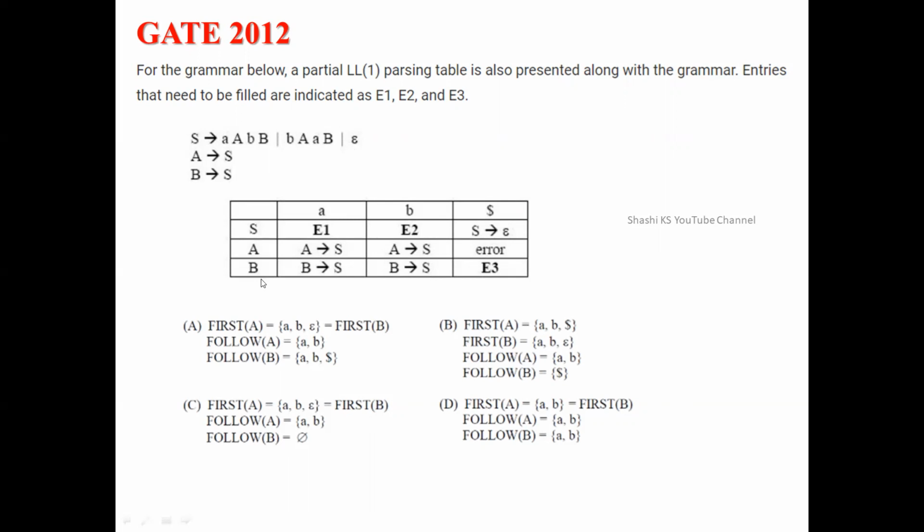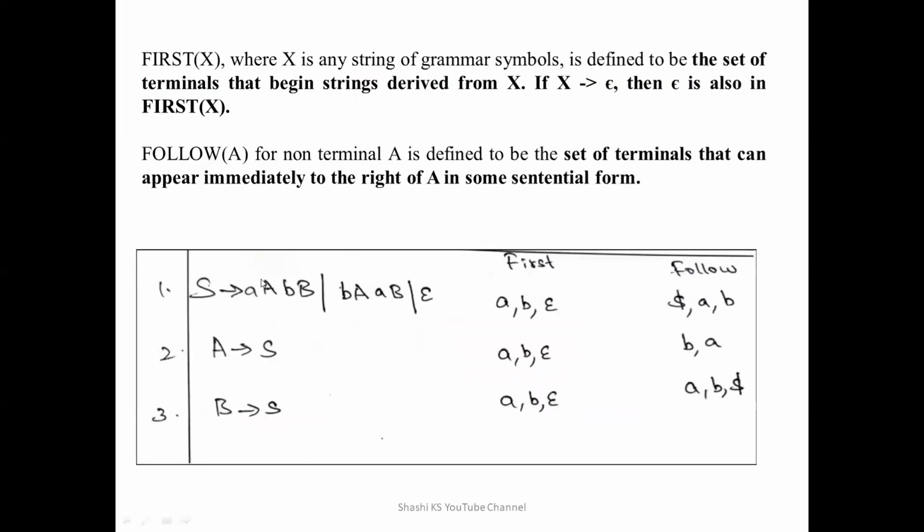So we have to know what is the meaning of first and follow. First, as I already told you, first of X is nothing but, if X is going to derive some string, then what is going to be the terminal which will be appearing in the beginning of that string. If I want to find the first of some non-terminal X, then in all the strings which are derived from this non-terminal X, what will be the set of terminals which will appear first in those strings?